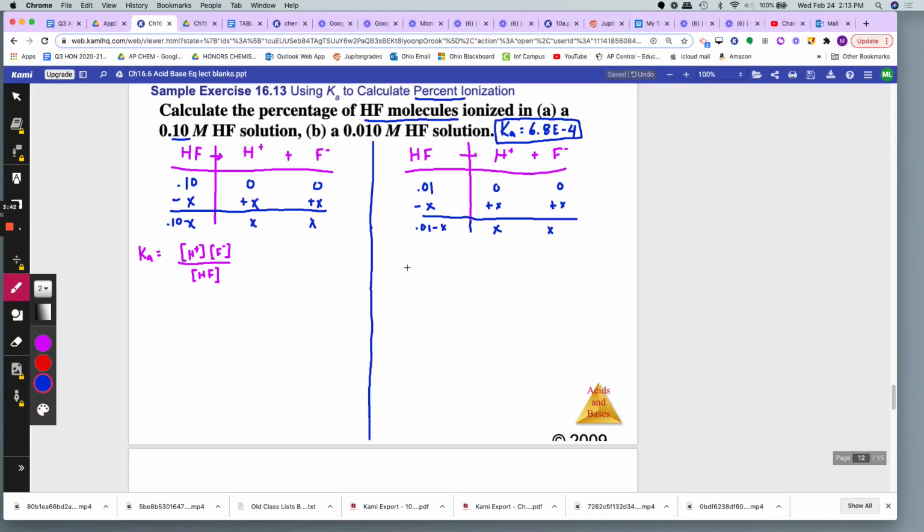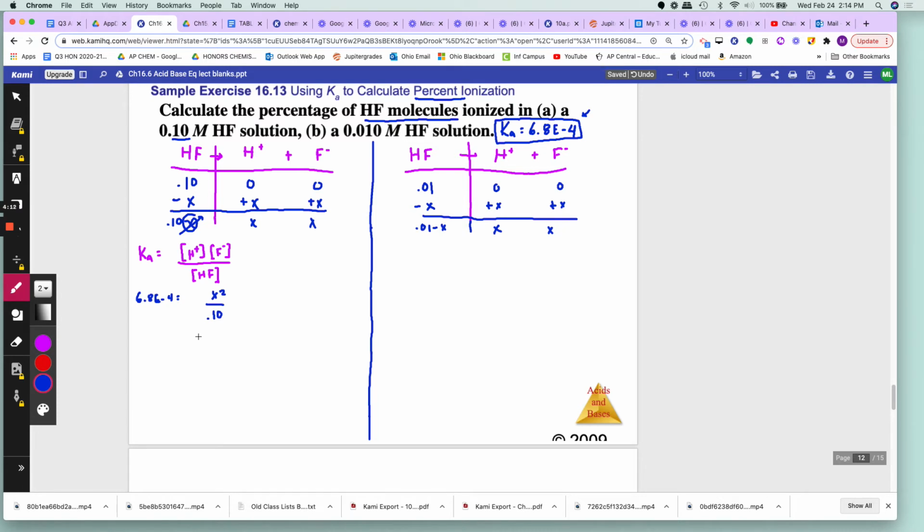That's where I got the Ka. So I write the equilibrium expression: H plus times F minus over HF. This is 6.8 E negative 4. It's equal to X times X, or X squared, divided by 0.10 minus X. This is E negative 4, that's small enough to make X negligible, so I'm just going to use 0.1. I'm going to check that later.